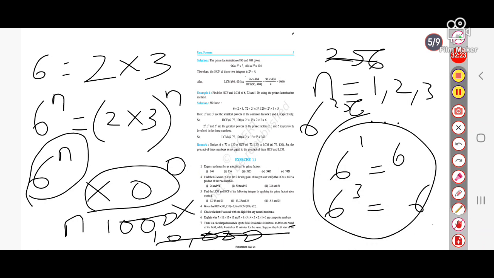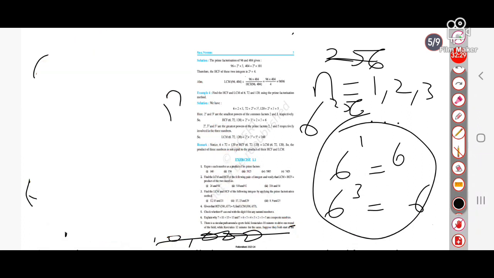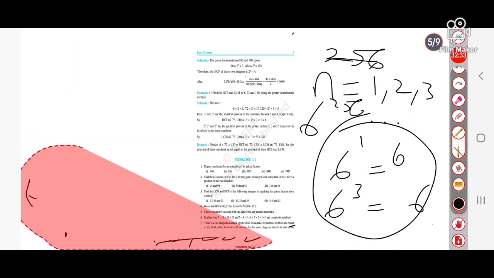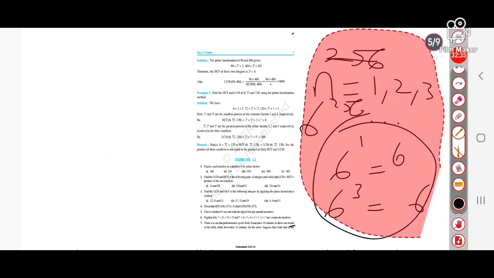Now we go to the next question given in the exercise.